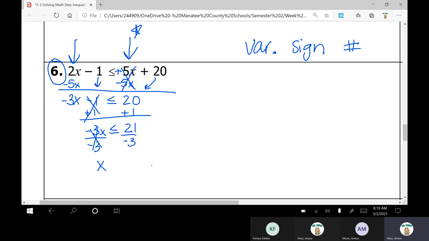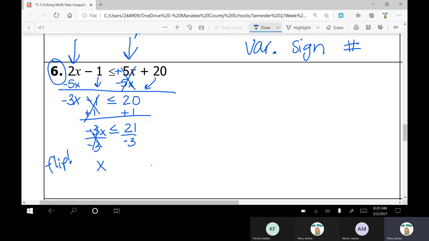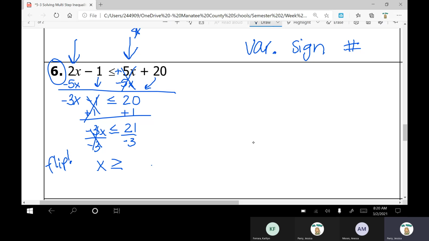Here's my x. Your golden rule: remember to flip your sign if you multiply or divide by what kind of number? Positive or negative? A negative number. Okay, so we did that here. Since we're dividing by a negative number, I'm going to flip my sign.